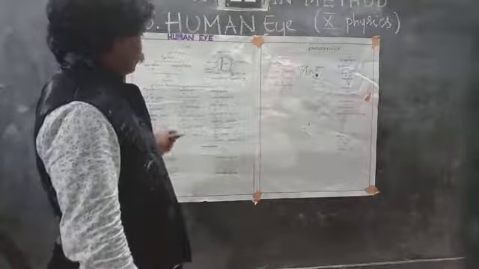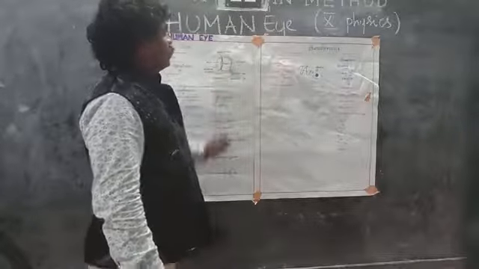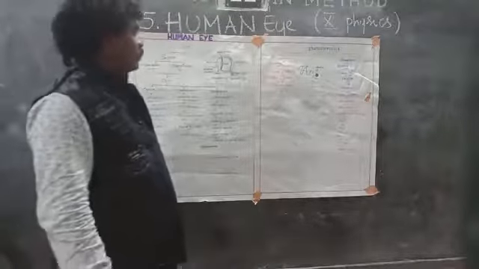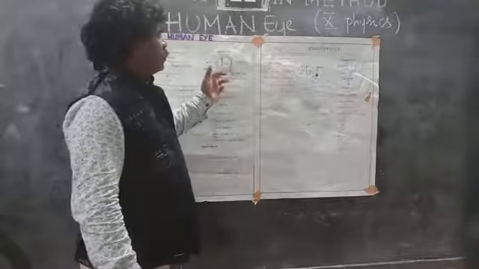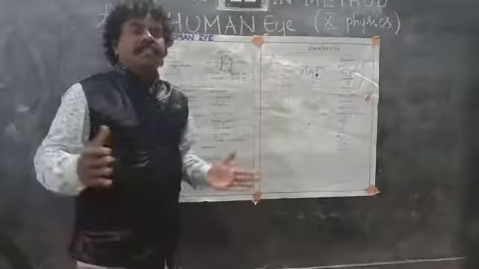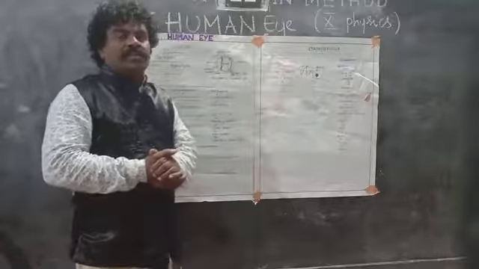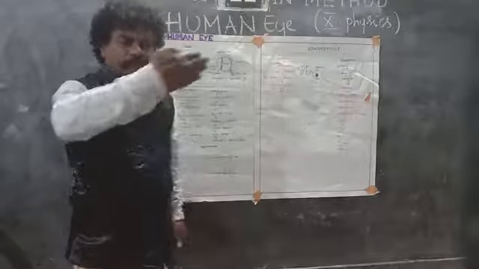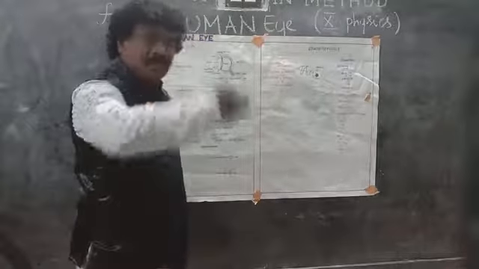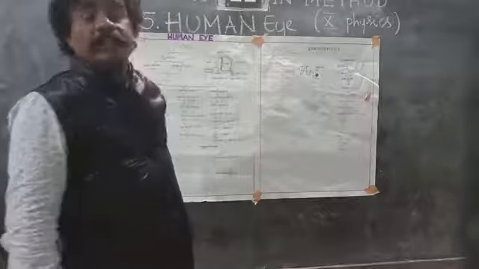Next, retina. The retina is located between the lens and the back of the eye. The distance is 2.5 centimeters. If the retina is at a different distance, some people will see nearby objects.